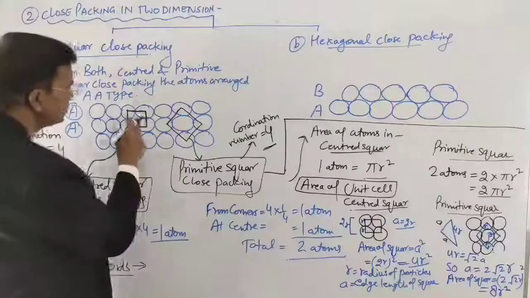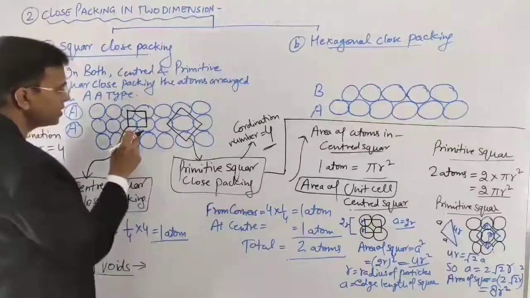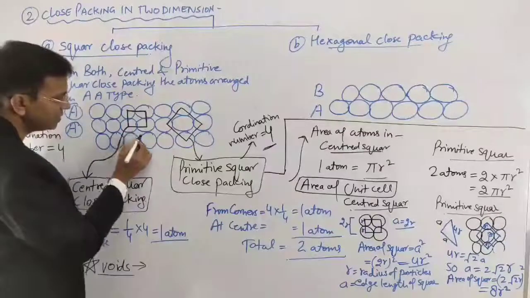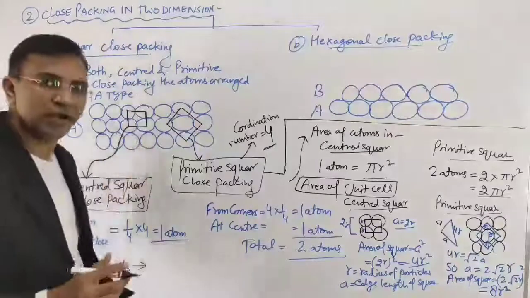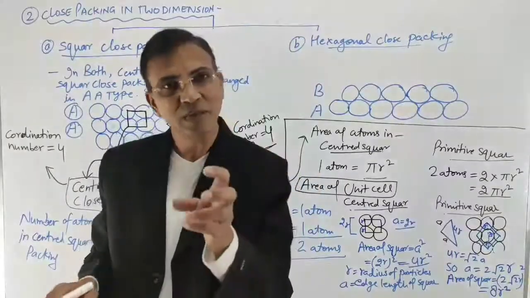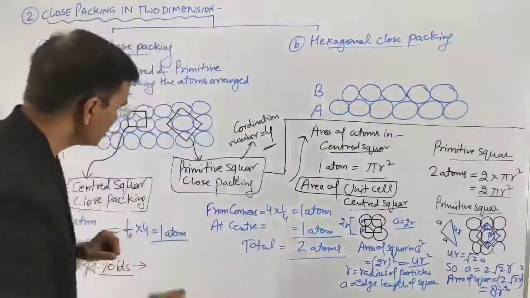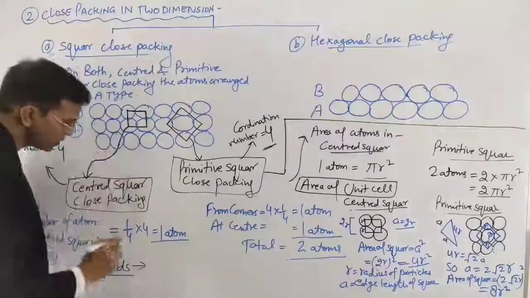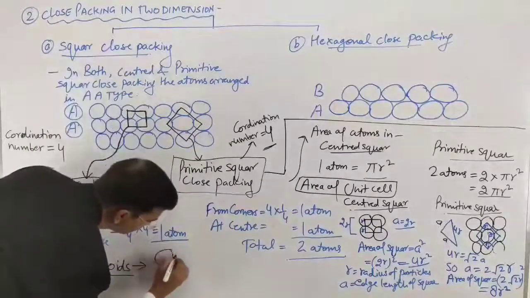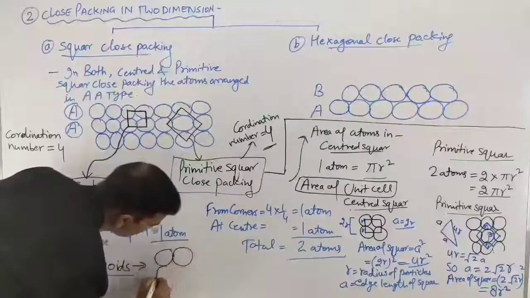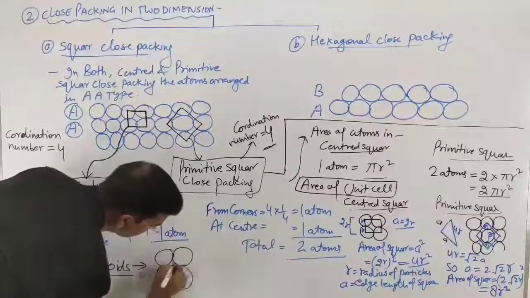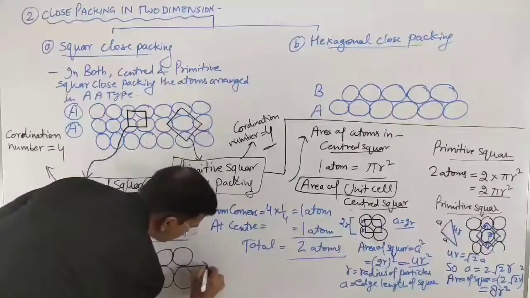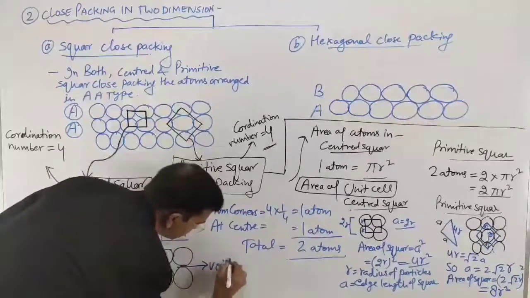If you observe here, the void is of square type. Void is actually the empty space between the particles, right? So here the empty space is this. If you observe, this is just like this, and this is the void, right?